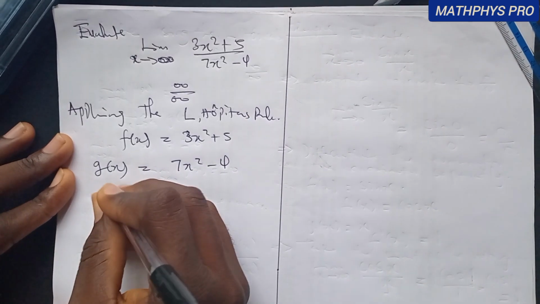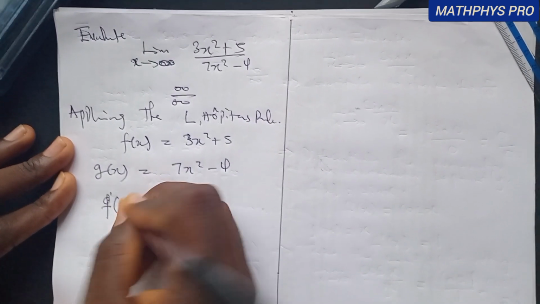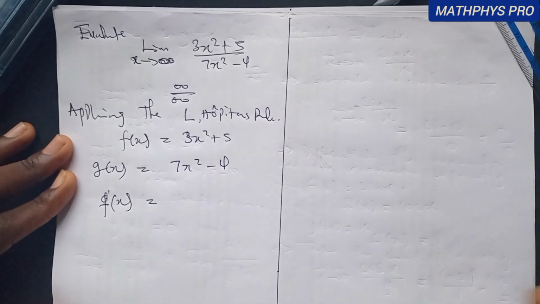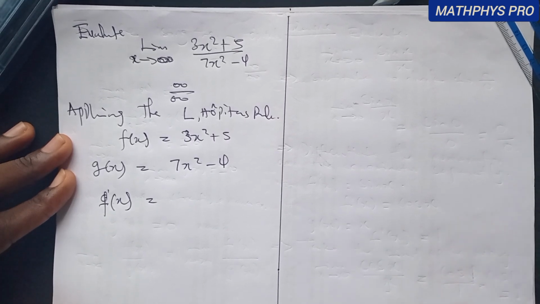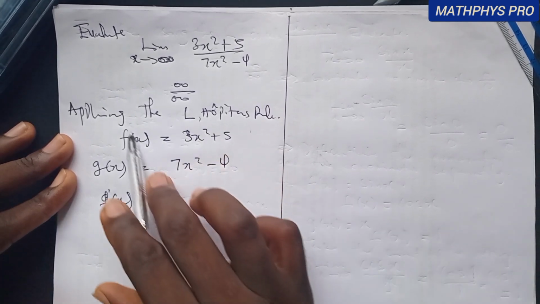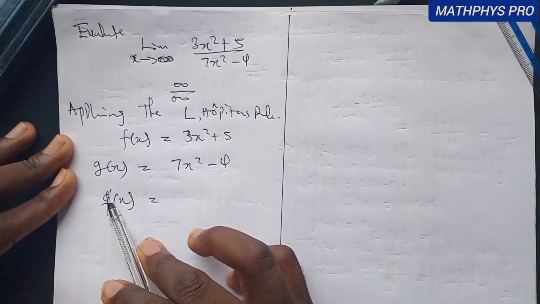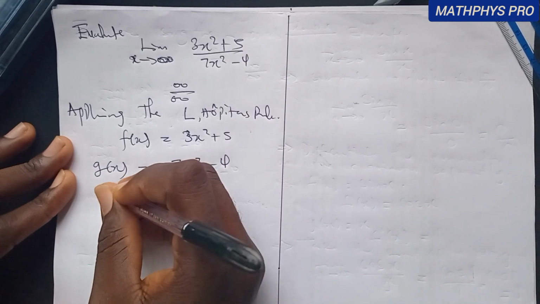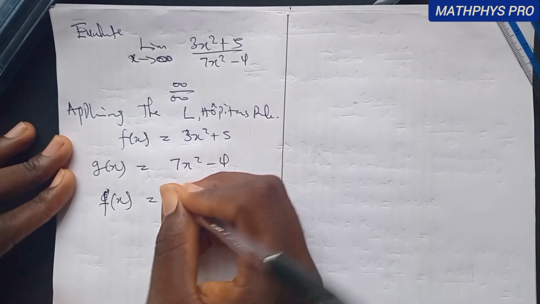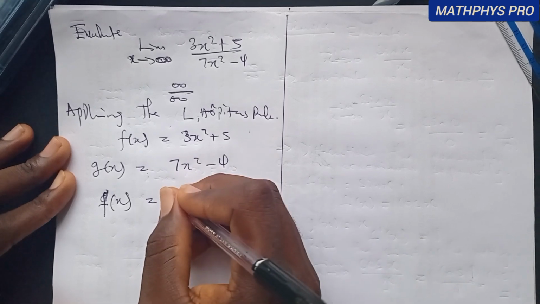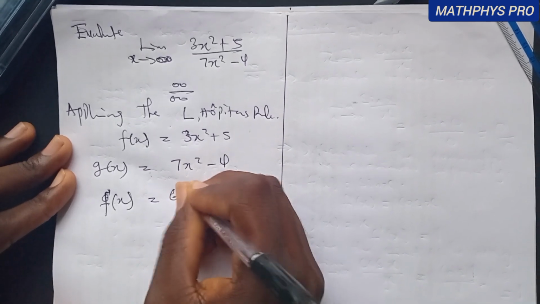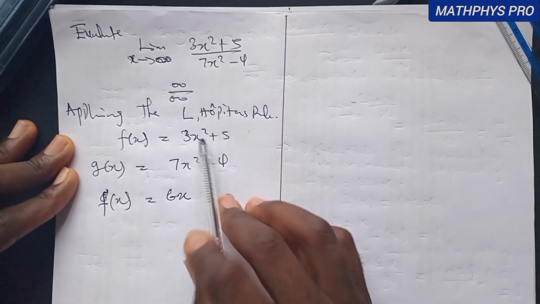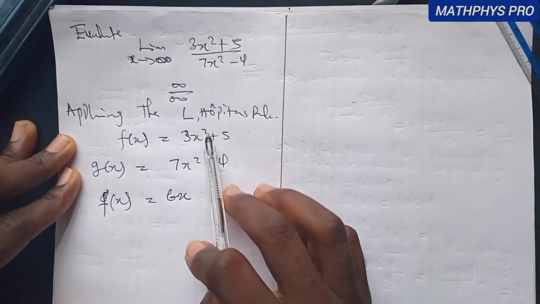So we can say f prime of x, which means the derivative of f of x, is 6x. If you differentiate 3x squared, it gives you 6x.